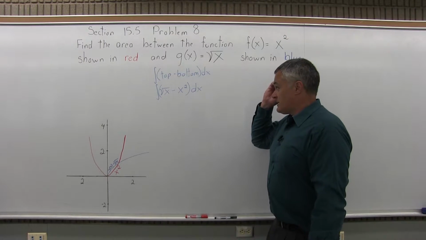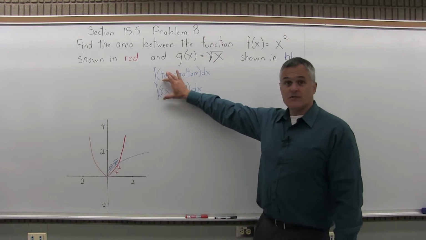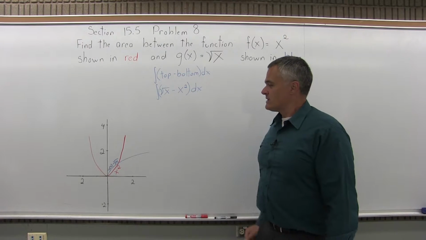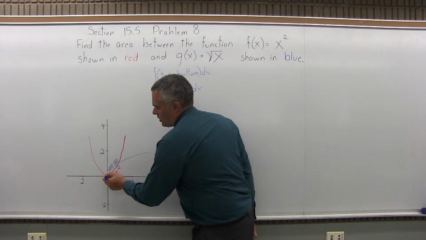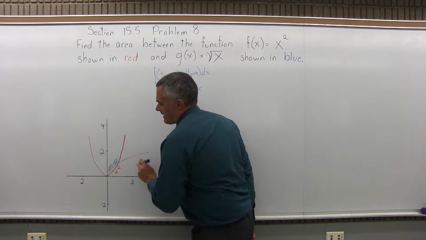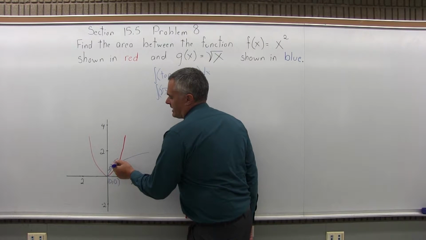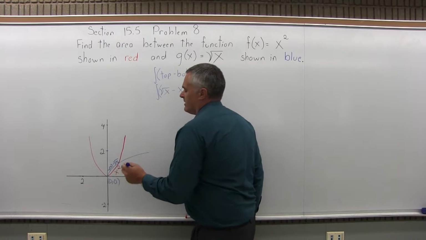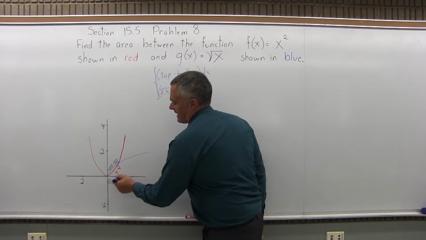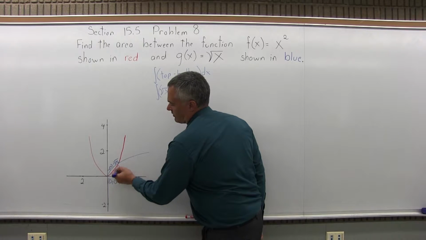So now to solve this as a definite integral, you need to have the limits of integration, the little numbers on your integral symbol. So that's the point where these two graphs intersect. One of the points of intersection is at 0, 0, the origin, and then they intersect to the upper right a little bit at, if you read it off the graph, over 1, up 1.